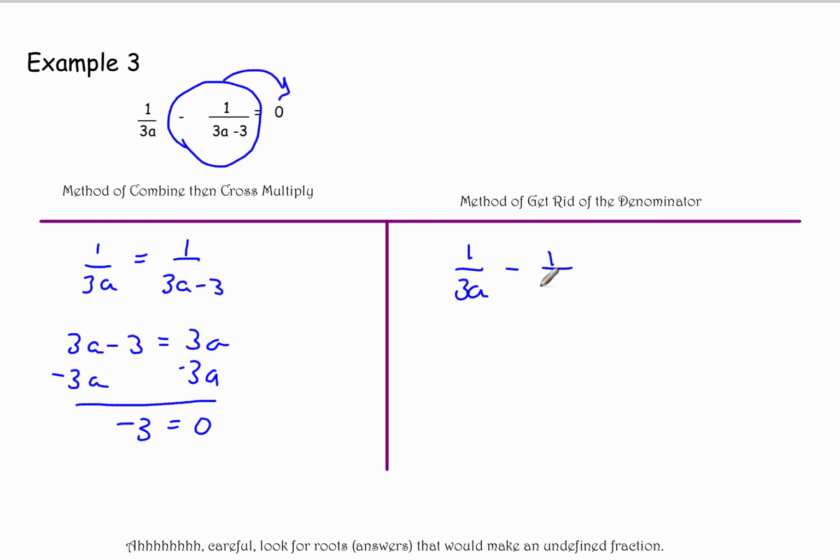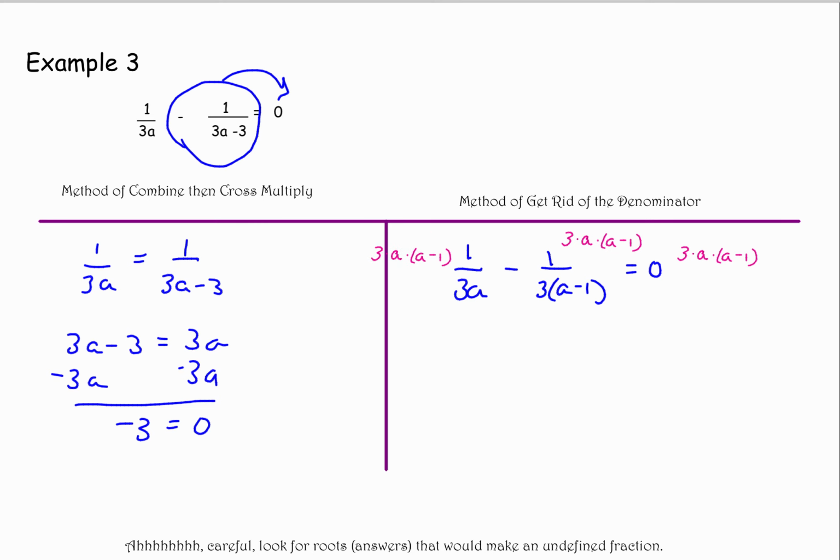All right, so I'm going to factor this. My common denominator looks to be, well, this has a 3 and this has a 3. So my common denominator looks to be 3 times a minus 1. All right, so you're going to get multiplied by that, you're going to get multiplied by that, and you're going to get multiplied by that.